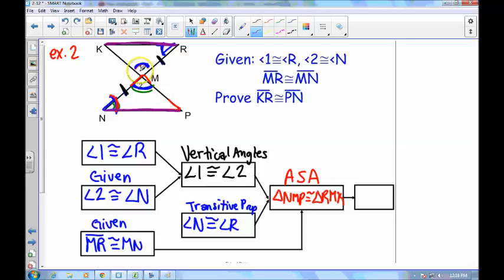What do we write on the front side of your notes for vocabulary? CPCTC. These are congruent by CPCTC. Corresponding parts of congruent triangles are also congruent.